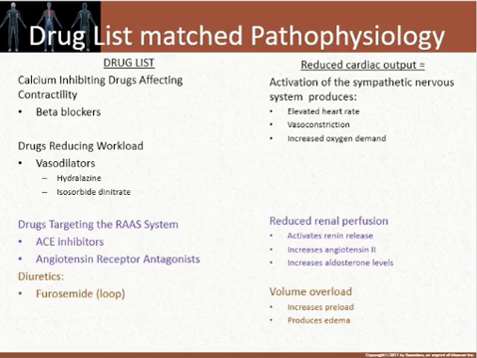Okay, so here's the drug list, and what I've done is I've matched the drug category with their immediate change to physiology and how that change to physiology matches with correcting the pathophysiology that you're learning about in other disciplines or other modules.